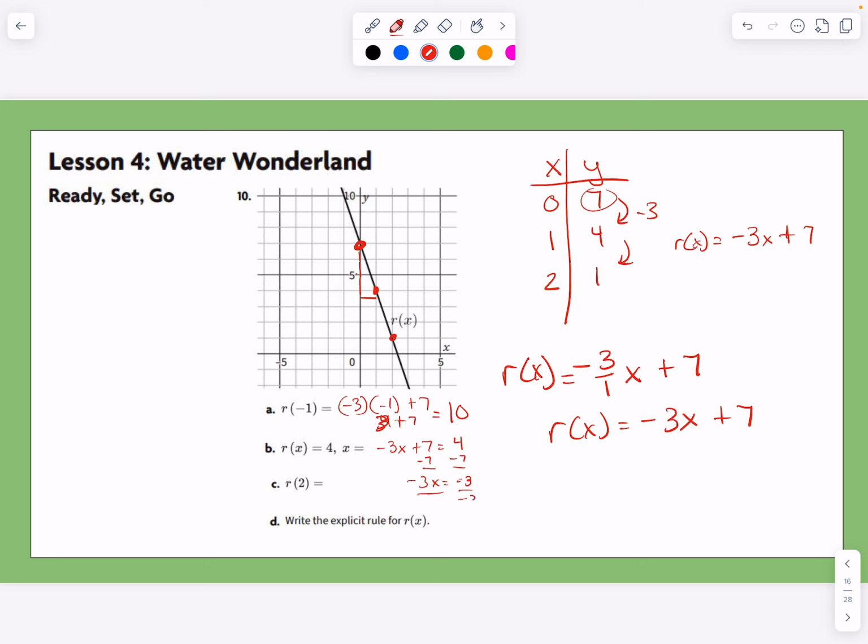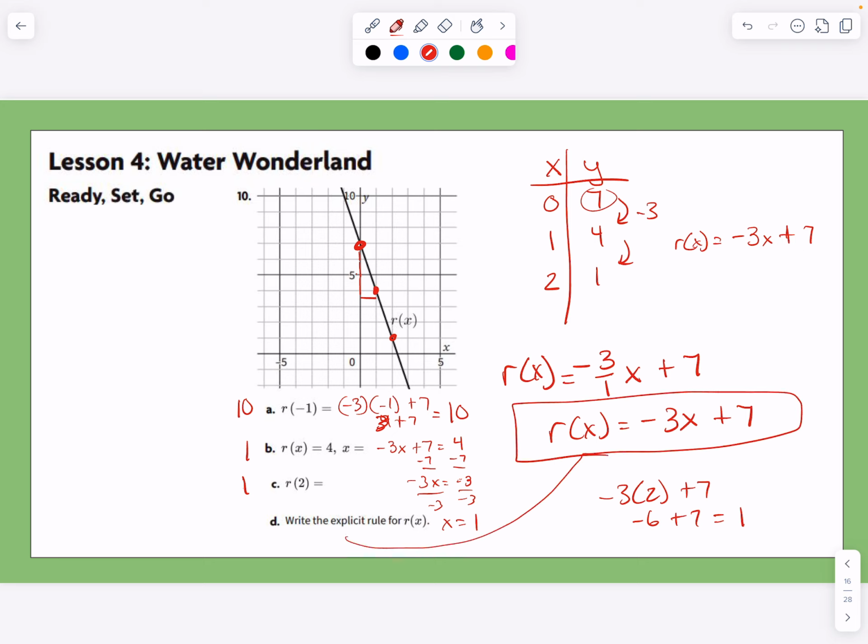Divide both sides by negative 3, and x equals 1. So we have a 1 there, a 10 there. How about when r is 2? Same idea. We have negative 3 times 2 plus 7, negative 6 plus 7, which equals a positive 1. We've already written our explicit rule, and you can use it right there.